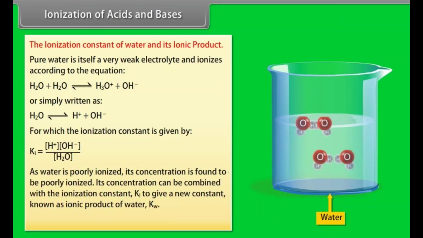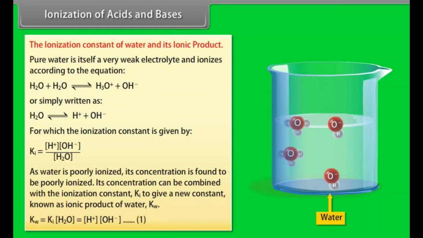As water is poorly ionized, its concentration can be combined with the ionization constant, Ki, to give a new constant, known as the ionic product of water, Kw. Call it equation 1.